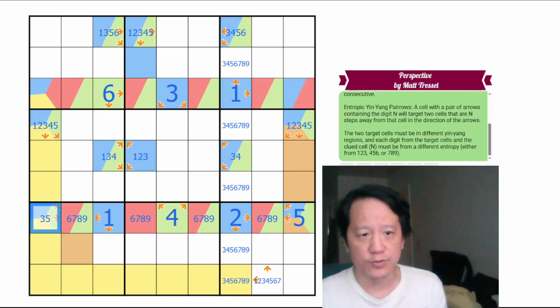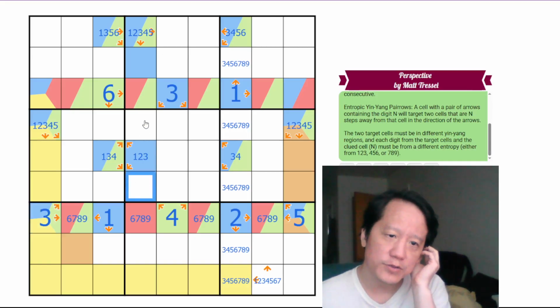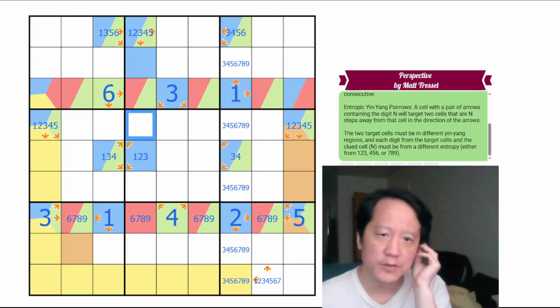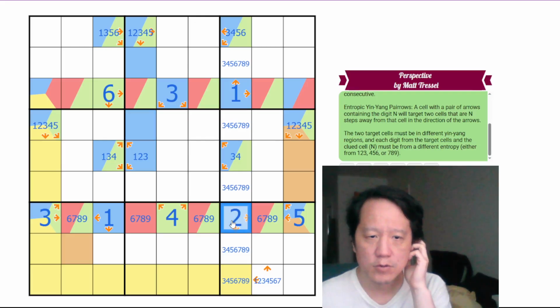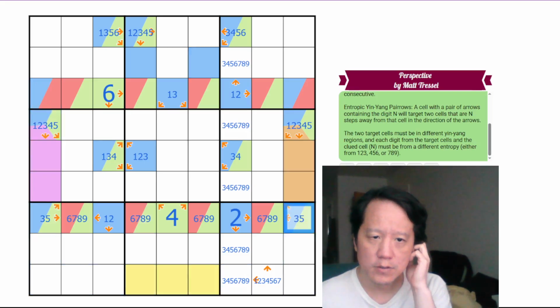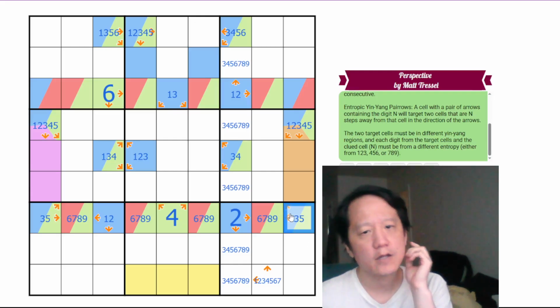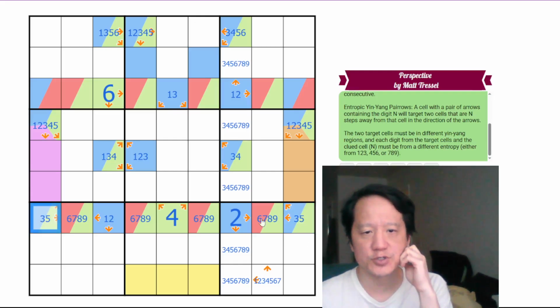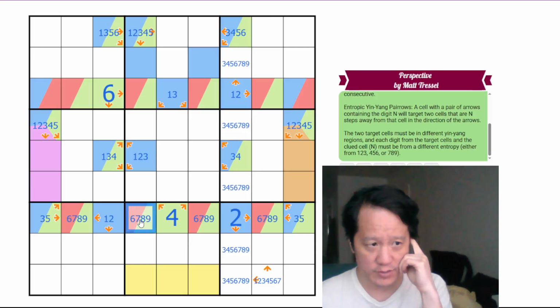This would be 3. So 3 away would have to be high, and this would be low. Oh, that's interesting. I didn't realize that. If this is 5, this becomes 3. They're both pointing to the same digit here, which obviously has to be a high digit.